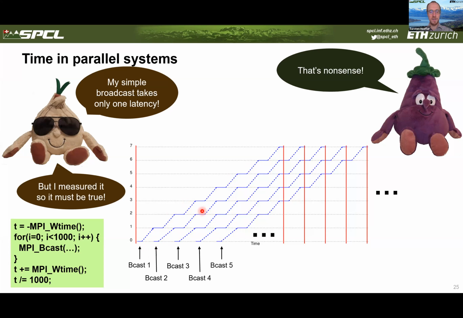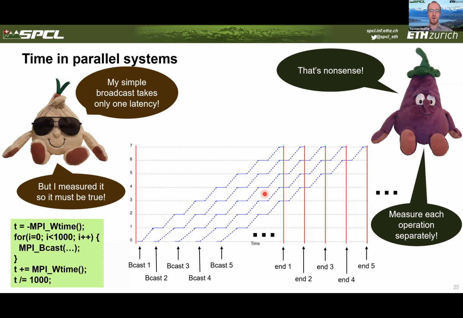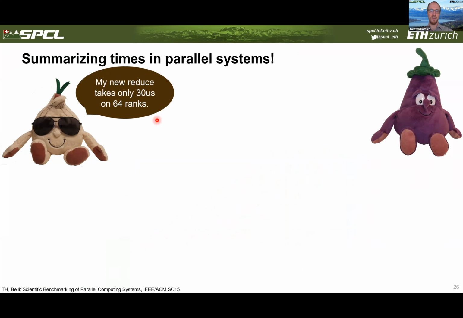So you see that these broadcasts are pipelined through the network, and they finish with a difference of 1 latency. If we run 1000 of those, the pipeline startup overhead will be negligibly small, and we will actually measure, in fact, a single latency. Completely wrong. So we need to measure each operation separately. Very important.